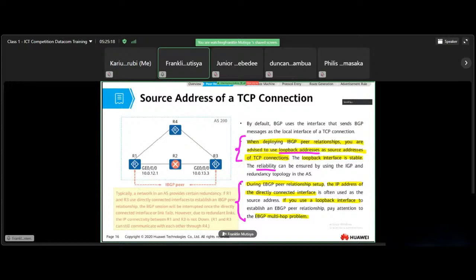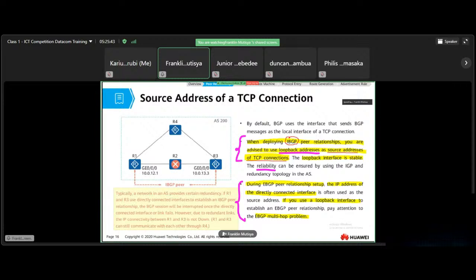I've mentioned that when deploying IBGP, which means internal BGP within the same autonomous system, you are advised to use the loopback addresses as the source for the TCP connection. Why do we use the loopback address?